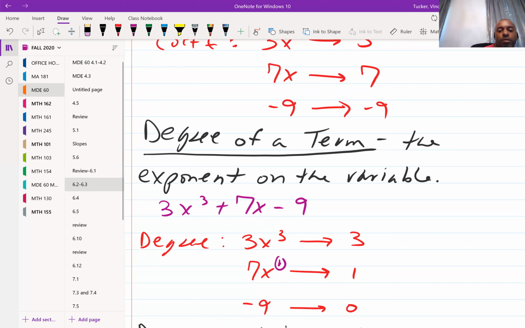So that's 1 for your exponent, and then nothing here, so your exponent is 0. Any questions?